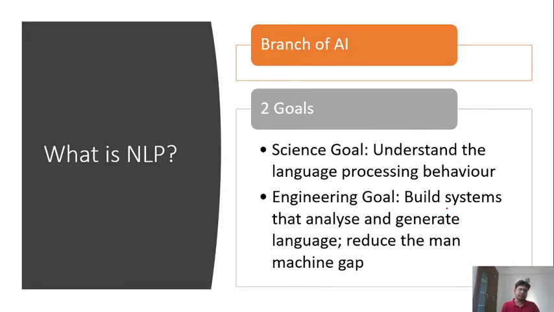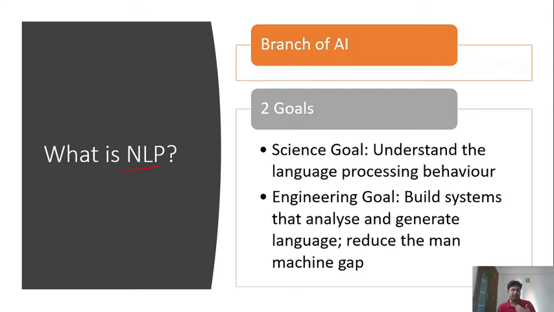Now, in NLP there are two goals. One is the science goal, and second is the engineering goal. The person who belongs to science is looking from the linguistic point of view. They are understanding the processing behavior, what exactly the language is talking about. Whenever you say some sentence, the science person will see what the meaning of that sentence is, what context they are talking about.